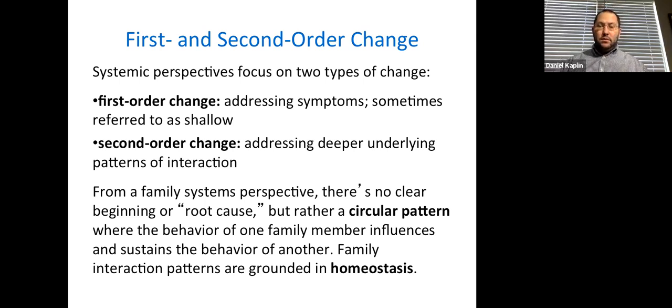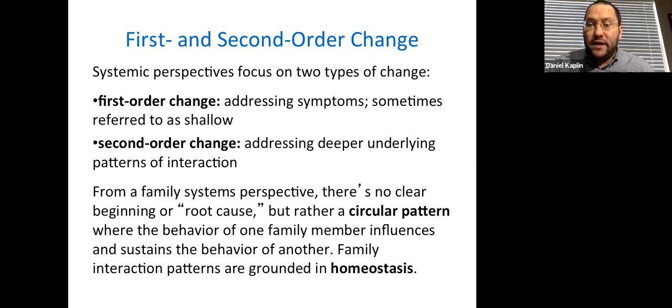So again, when we talk about circular reasoning, there are also circular patterns. One person's behavior is impacted or sustained by another person in the family unit. So that's something we acknowledge, right? Each person could impact another. And our family system seeks homeostasis.